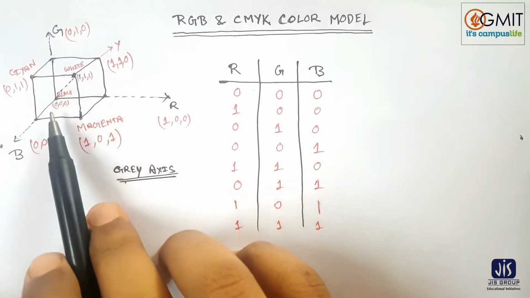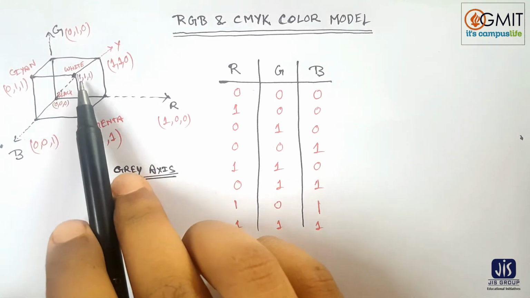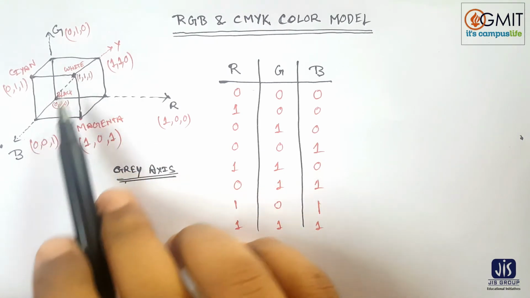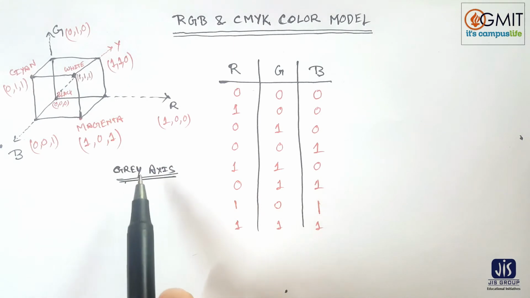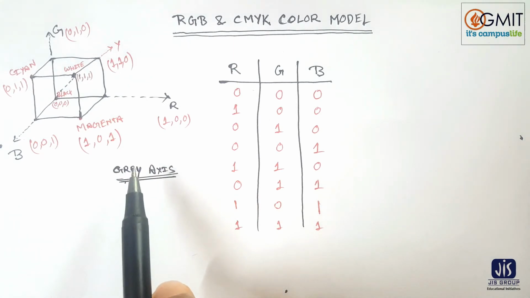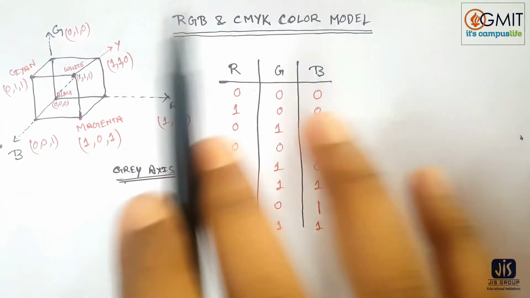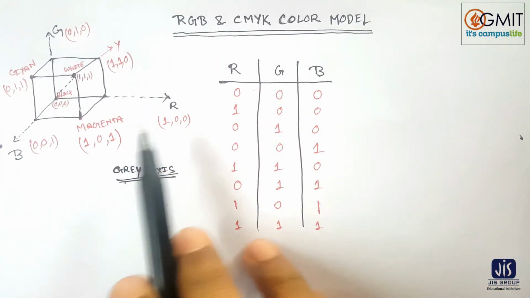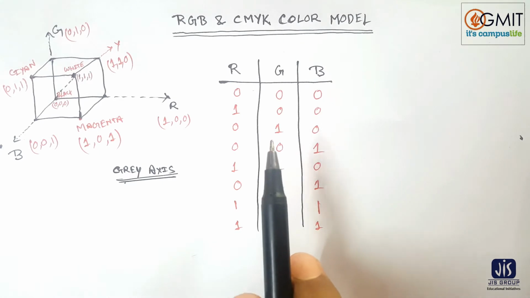So what is the gray axis? The axis joining black to white, that is, 0, 0, 0 to 1, 1, 1. This is called the gray axis. Clear? So this is our total RGB color model, where we get the values by adding.